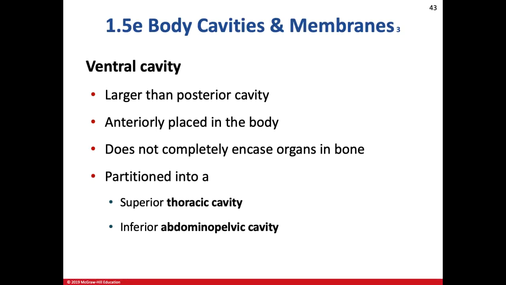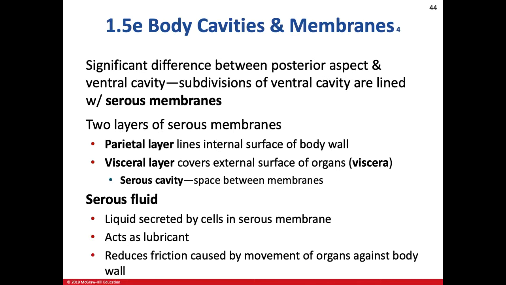That's between the two pleural cavities. And then there's a space called the mediastinum. The abdominopelvic cavity can be divided into the abdominal cavity and the pelvic cavity. The pelvic cavity starts at the pelvic girdle on down through the inguinal region, and the thoracic and the abdominal cavity runs from the diaphragm to the top of the pelvic cavity.